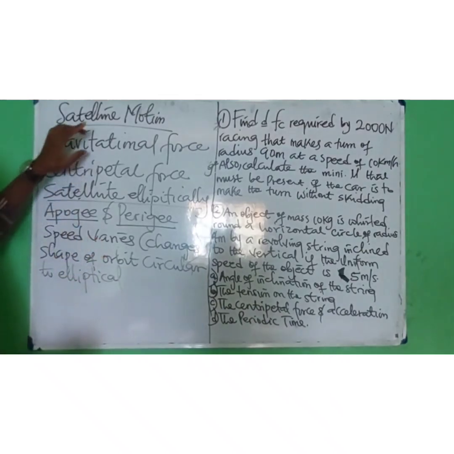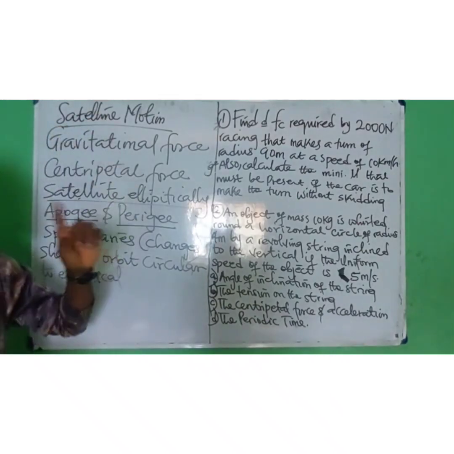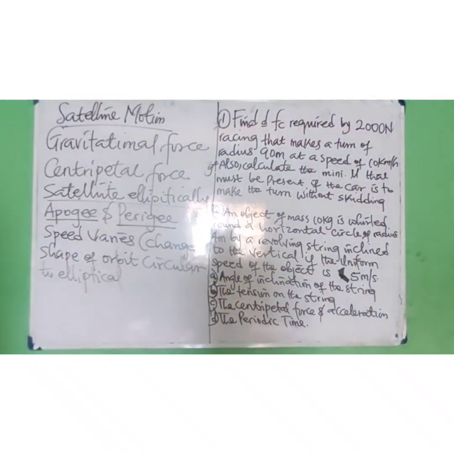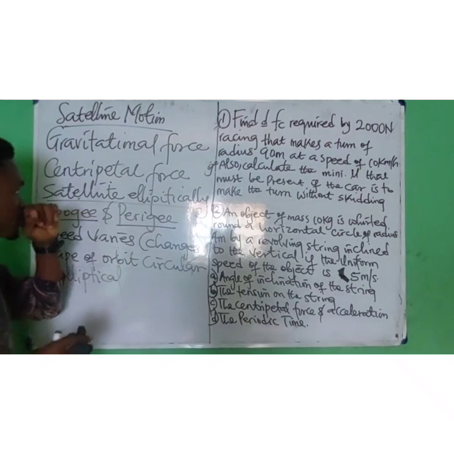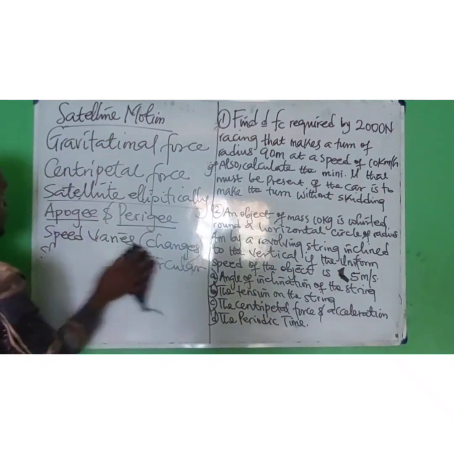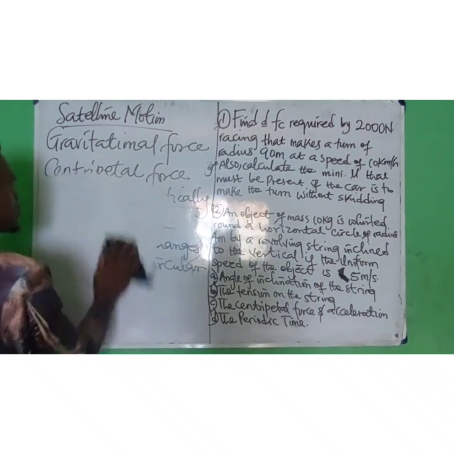Now, for a satellite to orbit circularly, I told you that the gravitational force must produce the centripetal force. Which means that both of them have a direct relationship.